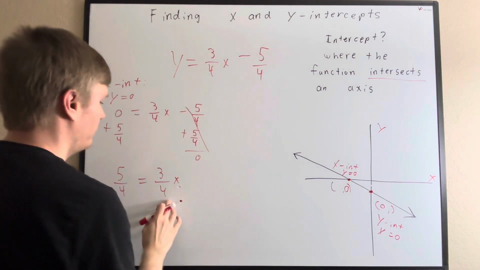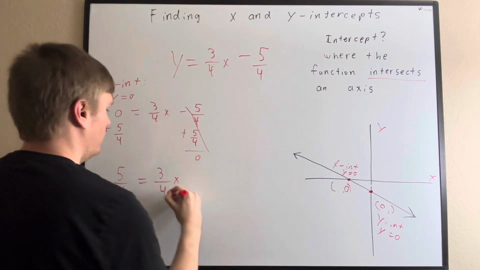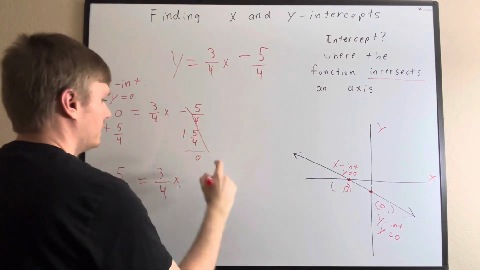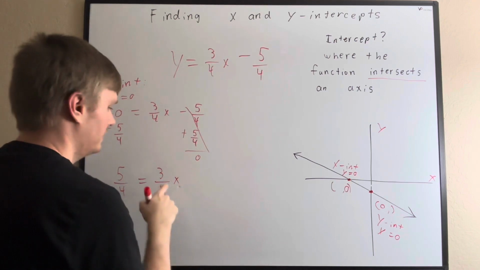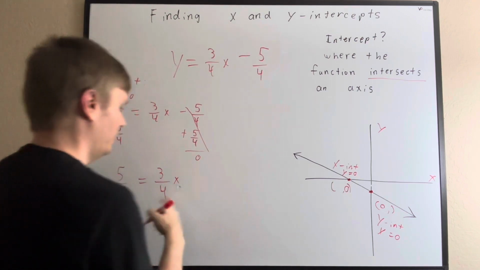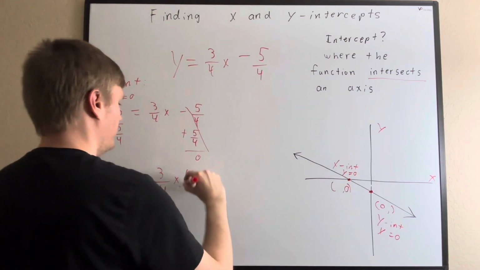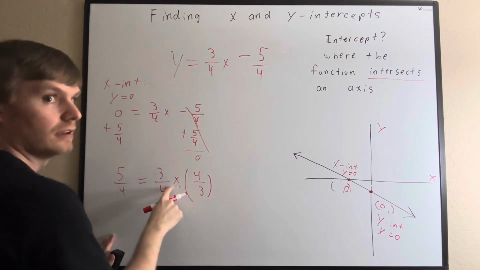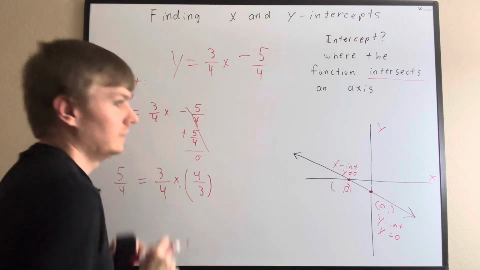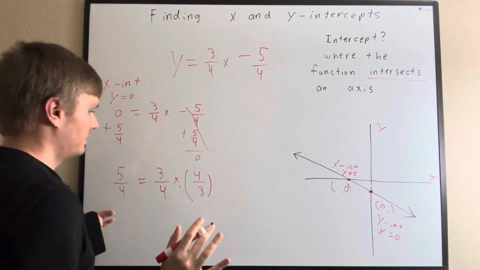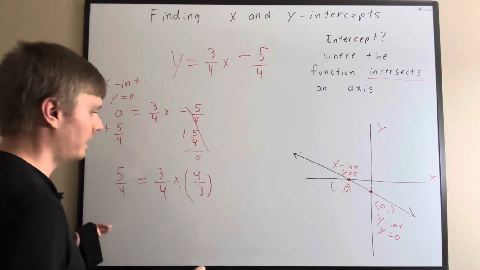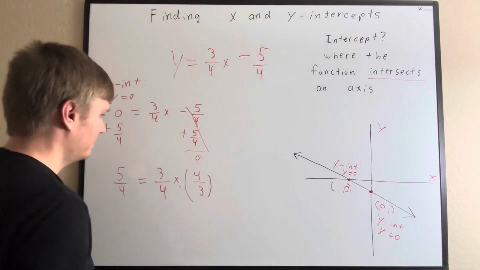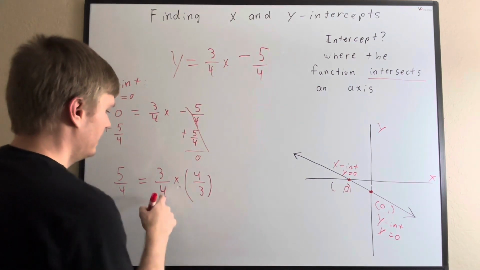Now, to get rid of 3/4, we're not trying to get 0. We're trying to get 1, because 1 times x is x. We don't want to get rid of the x. So we multiply by the reciprocal of that fraction. Do not freak out when you see fractions, because it's just multiplication and division, it's fine.